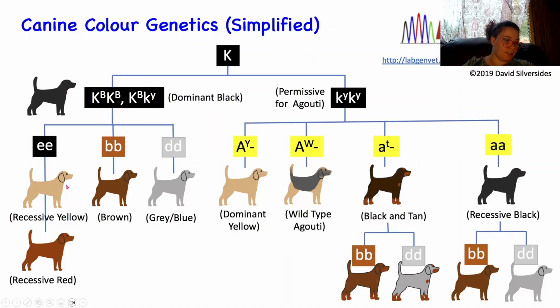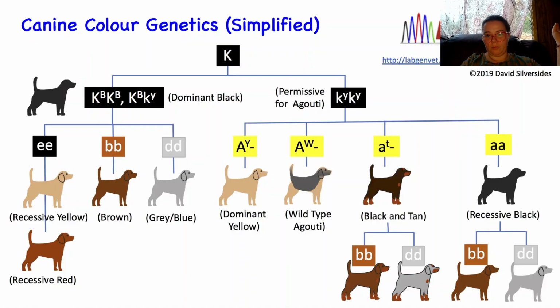If you've got little e's, you're yellow or red. If you've got the B extension, if you've got the little b, you're brown. If you've got the D extension, you're gray. Now, this is very brief and oversimplified, right? And so if you've got 2 little k's instead of a big K and a little k, you have the option to be these colors.